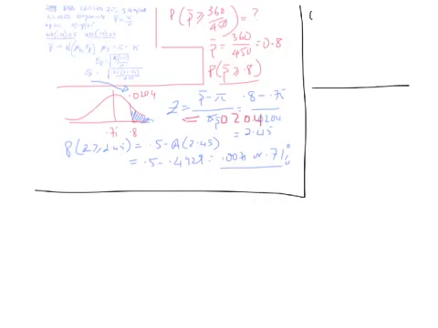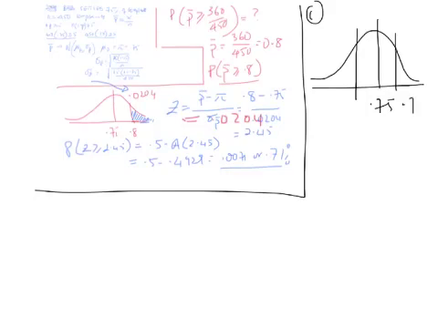We're looking at part C. The population proportion is 0.75. We want to know the probability that a sample proportion would be within 0.04. If I add 0.04 to 0.75, that gives me 0.79. And if I subtract 0.04 from 0.75, that gives me 0.71.